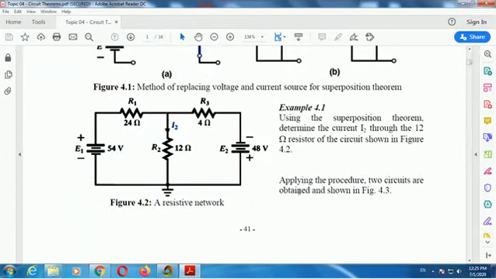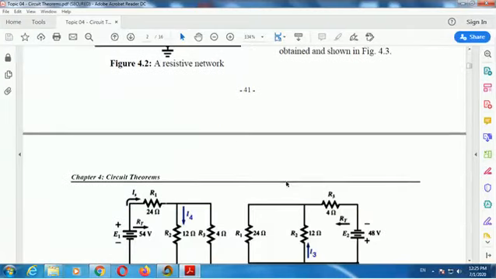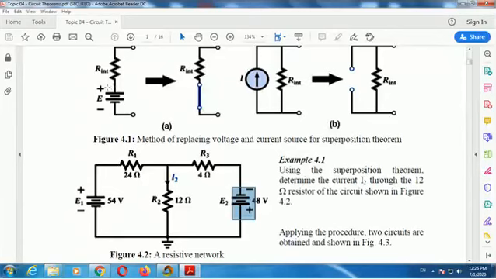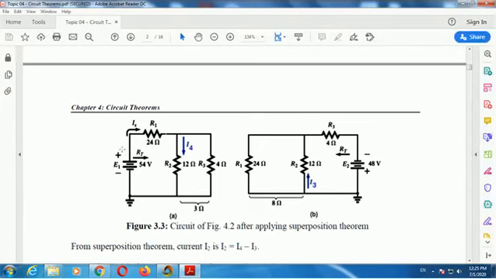So first we need to consider the 54 volt source only. For the other voltage source, 48 volt, we short it like this. So we short this one and consider E1, and we get this circuit.